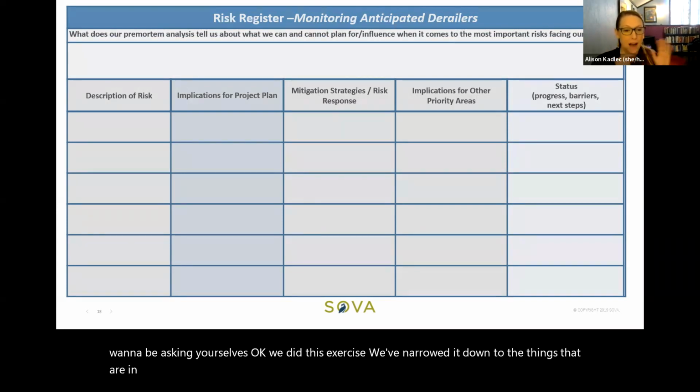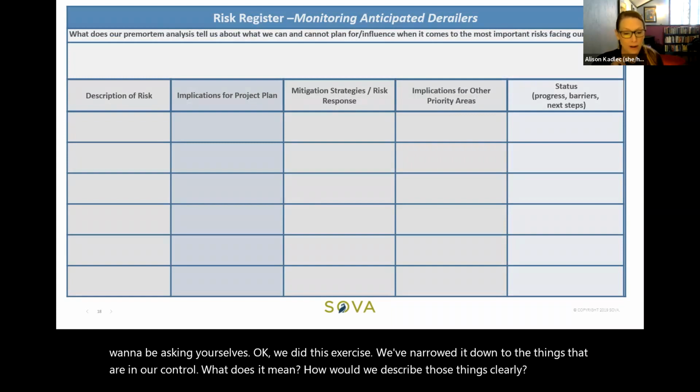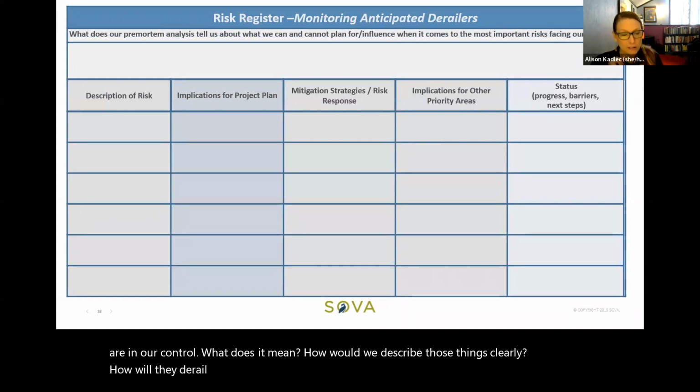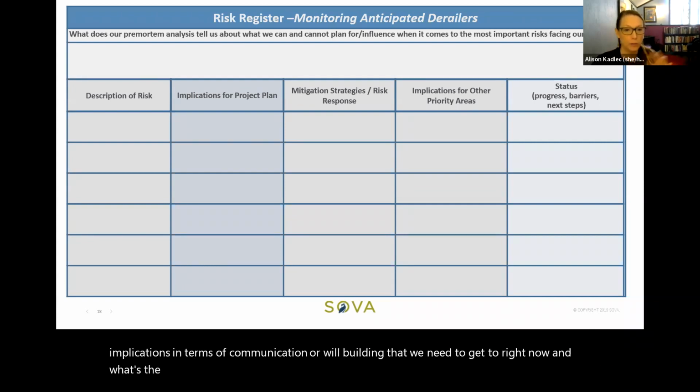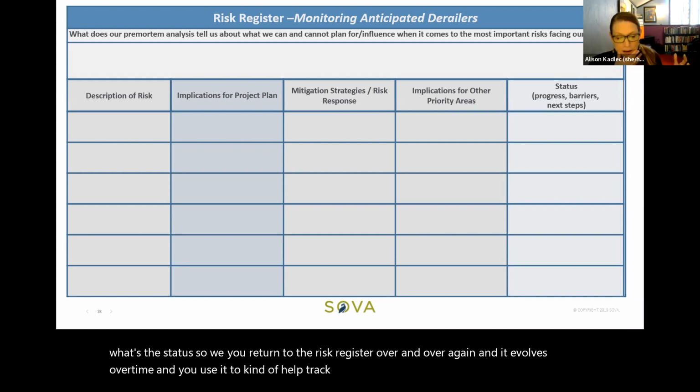What does it mean? How would we describe those things clearly? How will they derail us? What are the mitigation strategies that we can adopt now? What are the implications in terms of communication or will building that we need to get to right now? And what's the status? So you return to the risk register over and over again, and it evolves over time, and you use it to help track your progress.